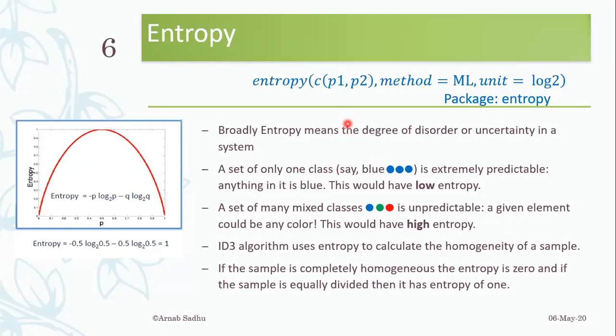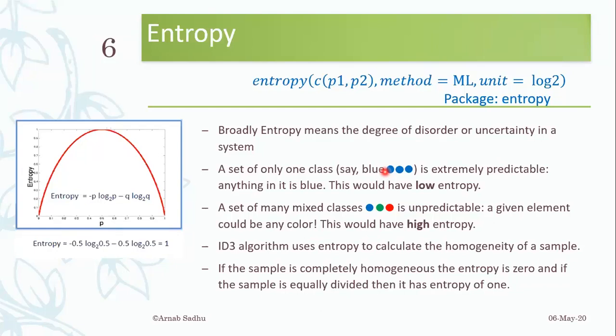So we can say that the urn contains very low entropy, because no uncertainty is there. It is very certain that the ball will be blue, right? So there is zero entropy.